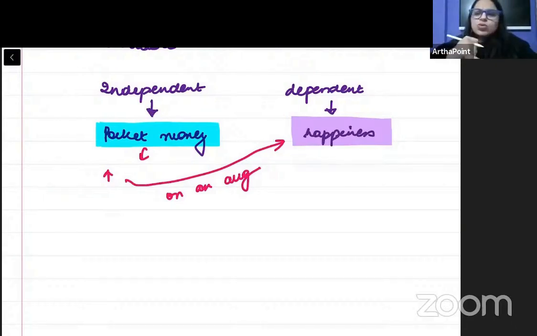Now, why average only? क्यों हम average की बात कर रहे हैं? That will be clear in some time. Give me some time as we progress.